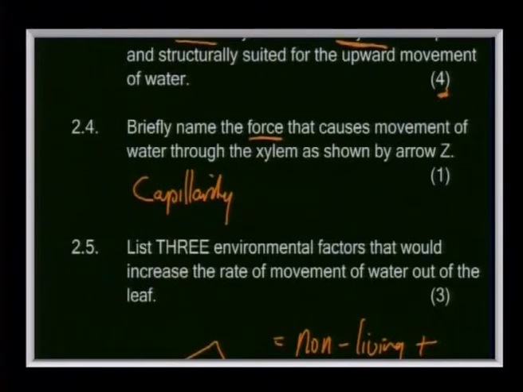And remember, capillarity is a force that's made up of cohesion of the water molecules to each other and adhesion of the water molecules to a tube. So the thinner and narrower a tube, the higher the water will move by capillarity, or rather specifically the adhesion force. So it is capillarity.